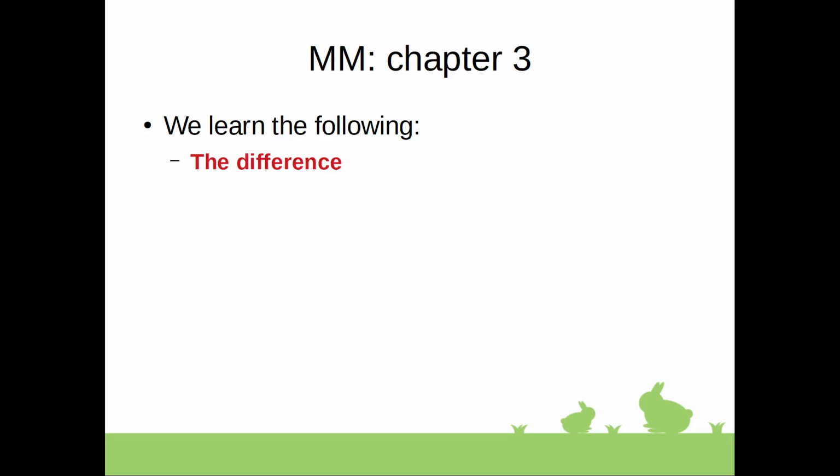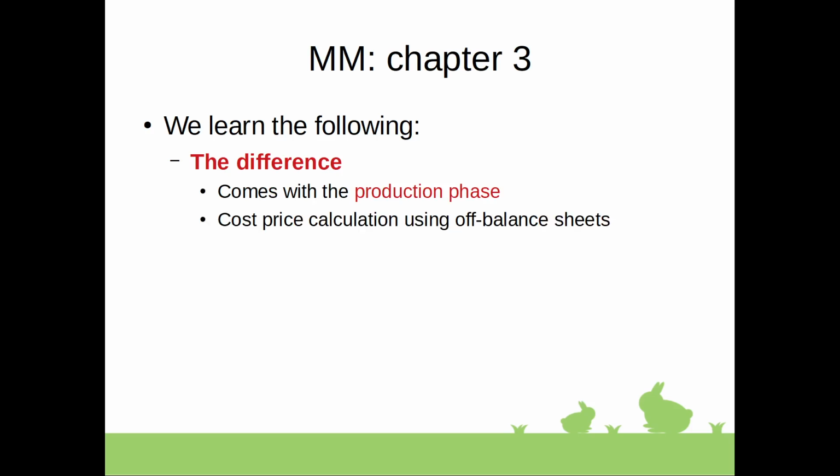Okay, so the difference between the two was about the production process in the middle. Here we have it, the production phase itself. The cost price calculation, once again, will not happen within the balance sheets. It will happen outside of it. That's why we call it off balance sheet, sometimes abbreviated as OBS.